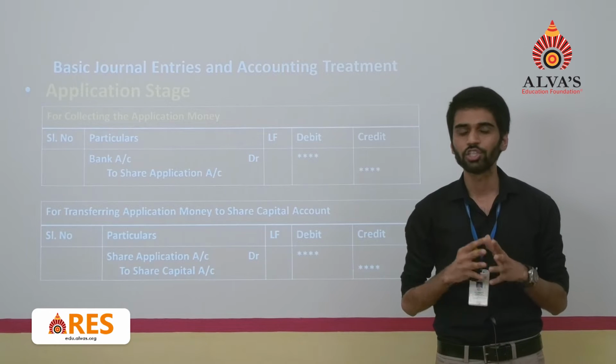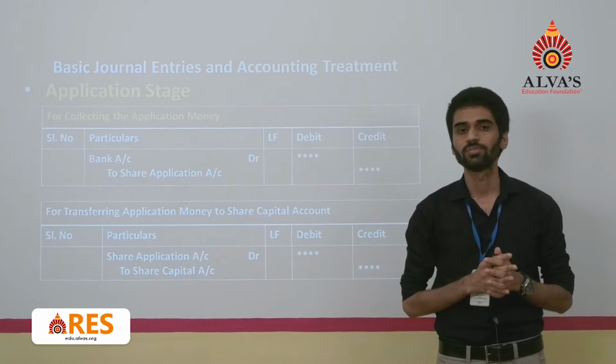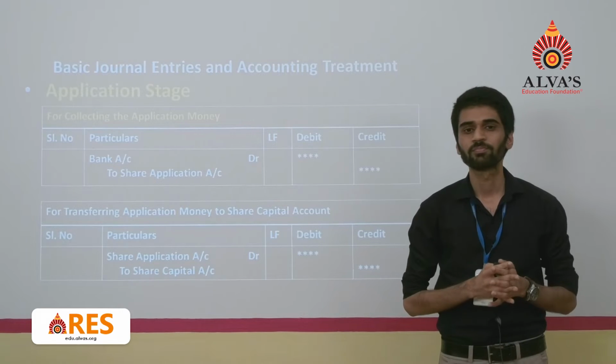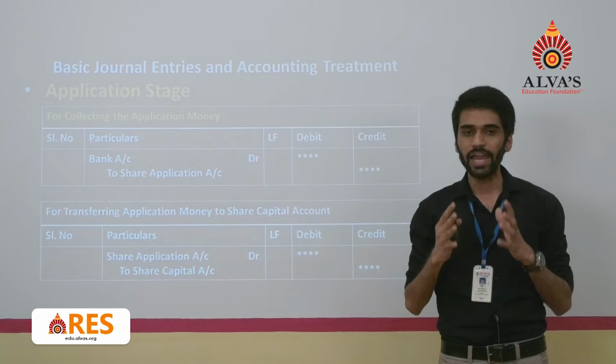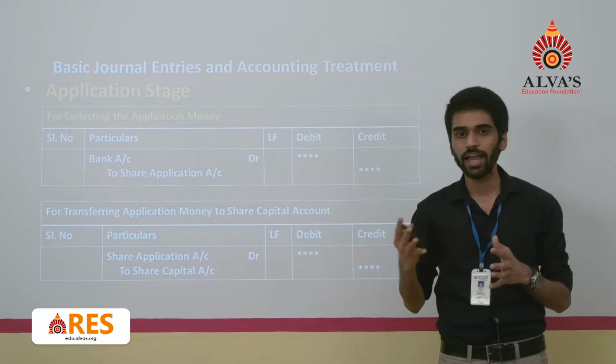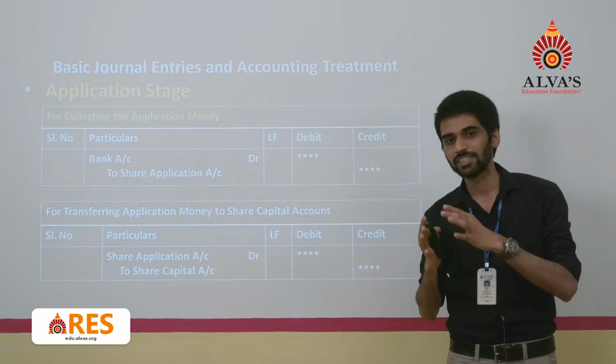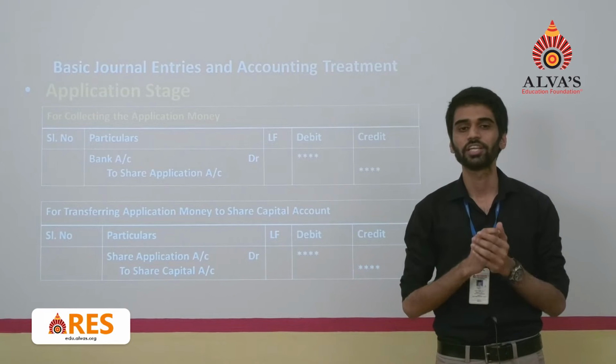Students, here share application account is a temporary account. Ultimately, our goal or purpose is to raise the capital. So, one credit entry to the share application and one debit entry to the share application completely eliminates the temporary account called share application account.